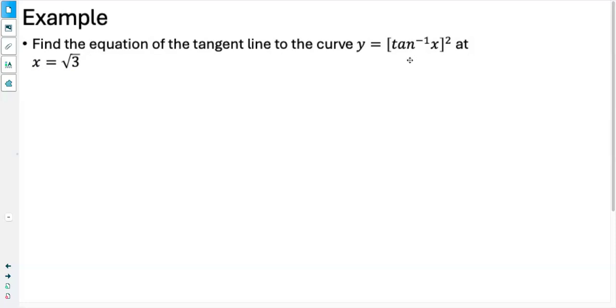So first thing we might as well do is figure out what our y value is at this location. So that's the same as saying f of root 3 is equal to tan negative 1 of root 3, squared.